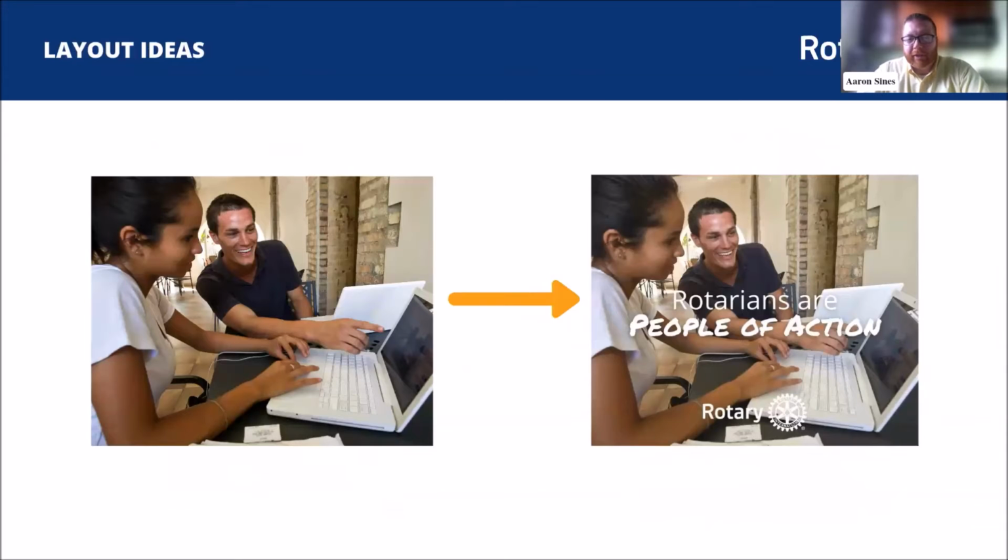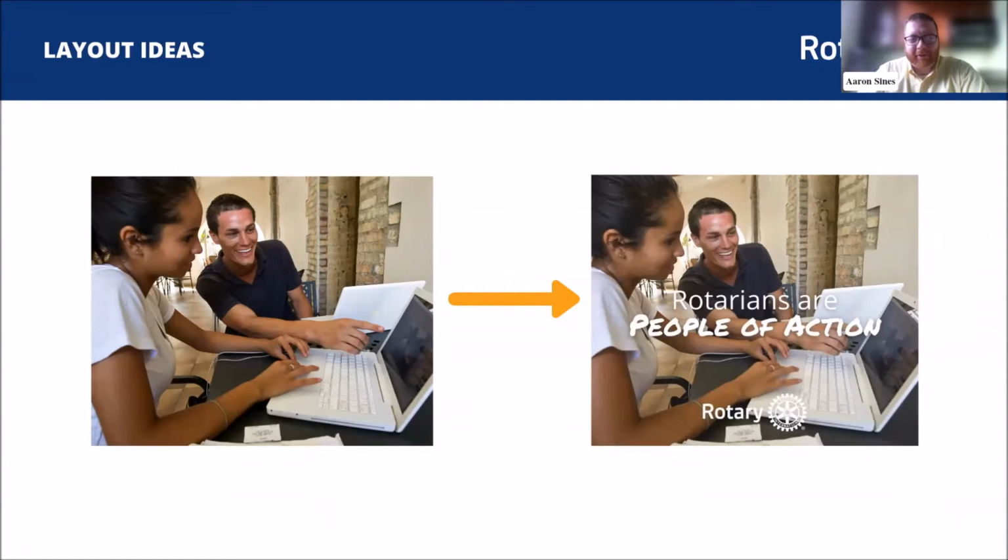Another thing, with the different layouts, especially with the people of action, is that you can do one picture 4 different ways. So you can see we start with the picture of your members doing service or being people of action. And if you don't have any pictures of your club being people of action or service, one, you should probably do some service projects and take pictures.